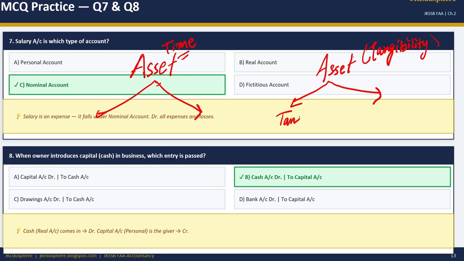One is tangible, the other one is intangible, right?